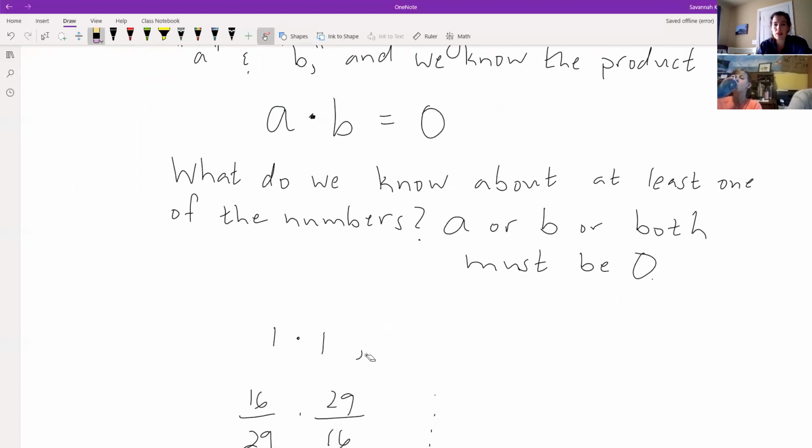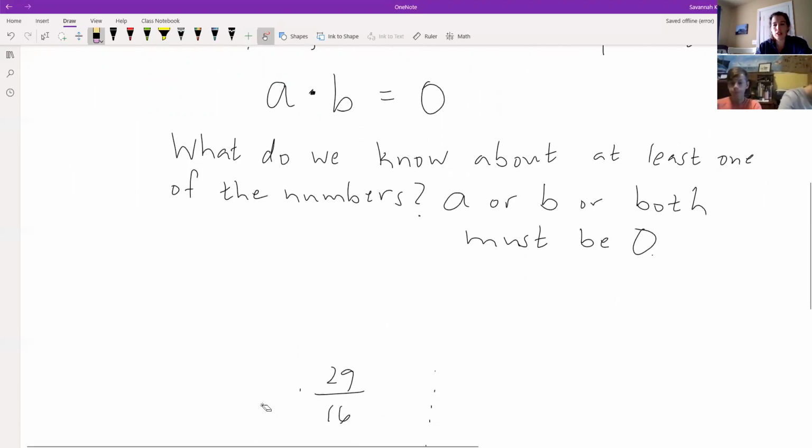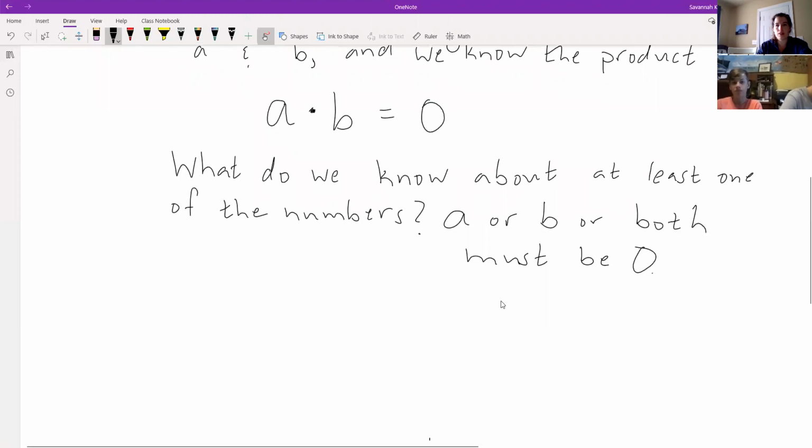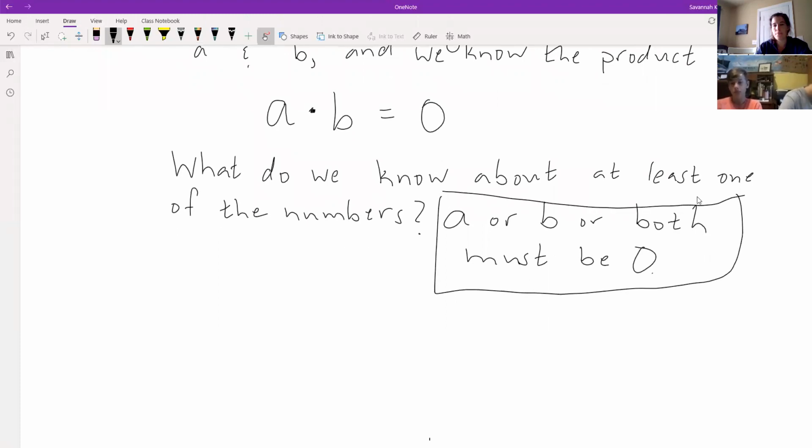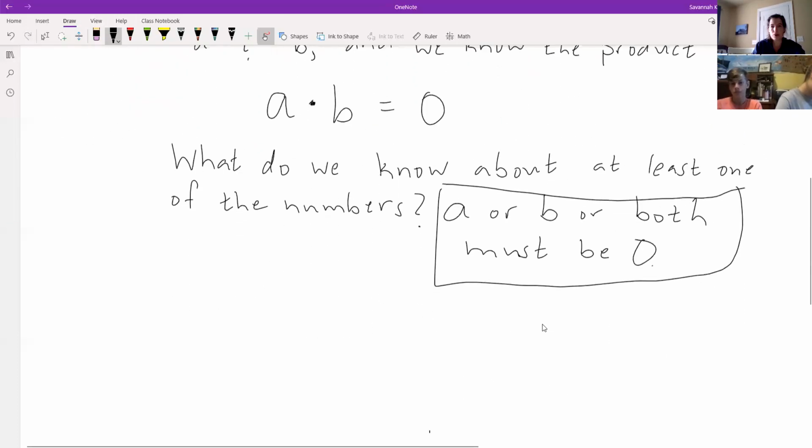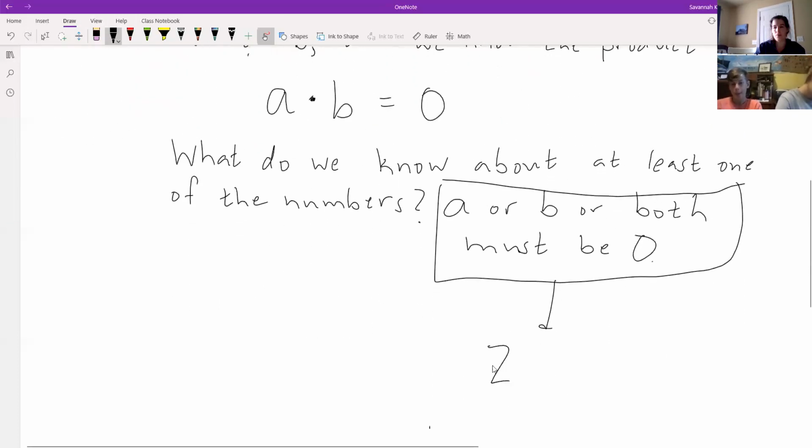Both of them could be 0, and that's great, but really we just need one of them to be 0. And this property right here is what the book is calling the 0 factor property.